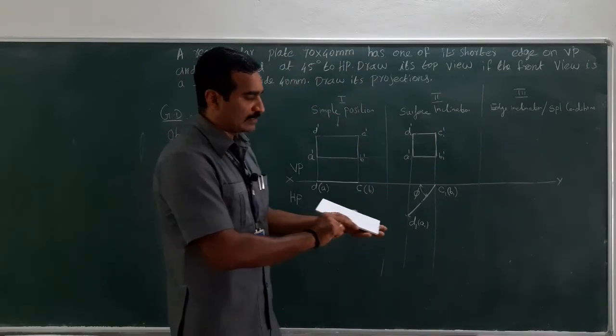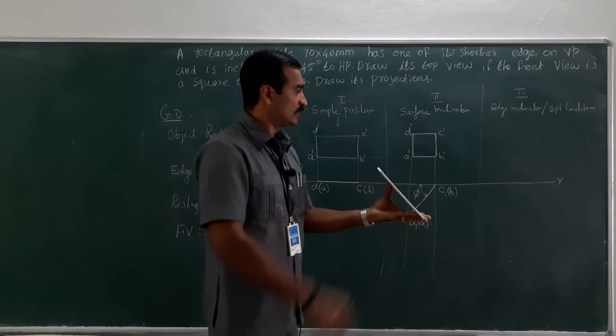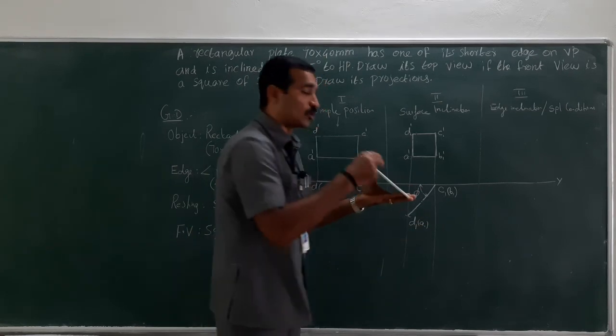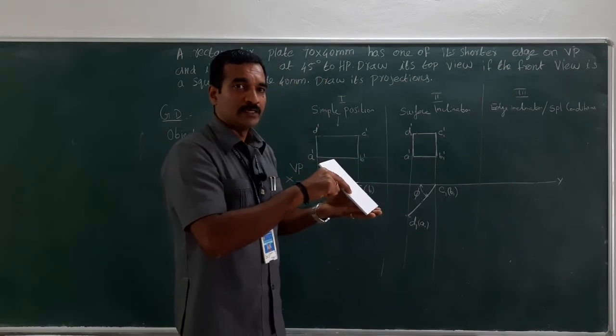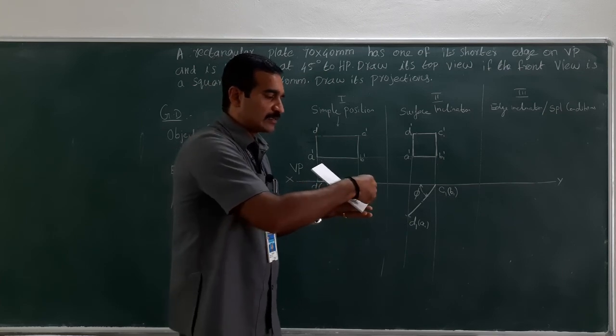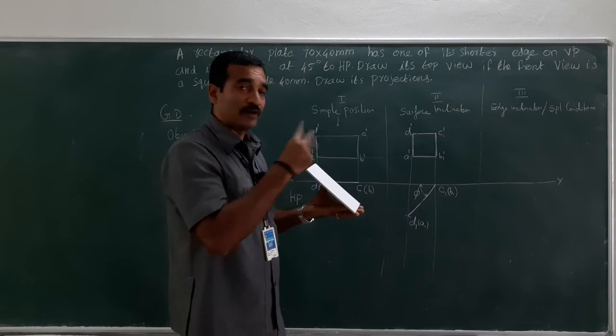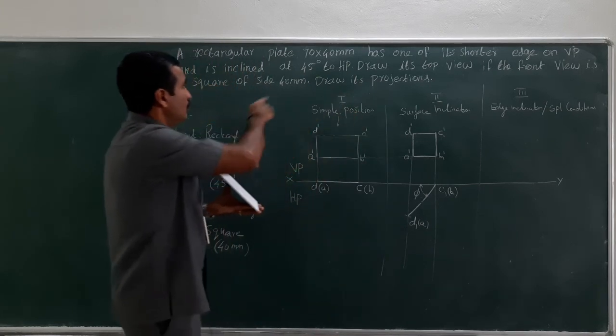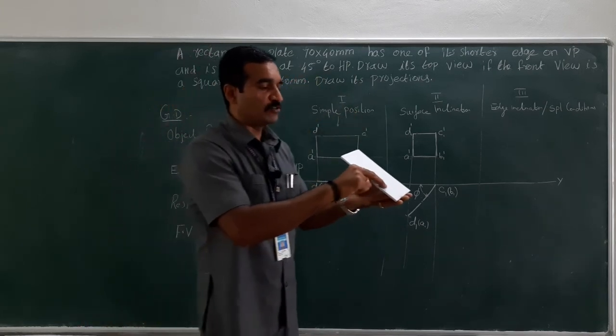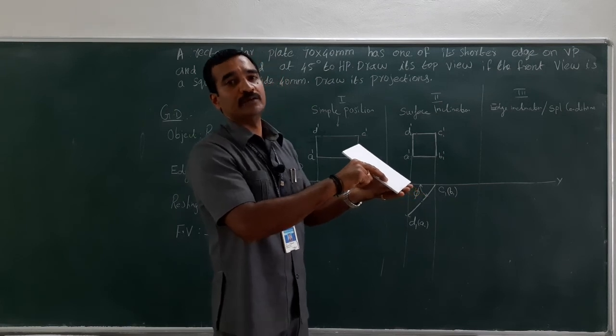So now the condition is like this: it has been tilted at a certain angle, that is phi, and it looks like a square. Now the resting side, that is the shorter side, is further tilted to 45 degrees to HP, 45 degrees to HP, right?